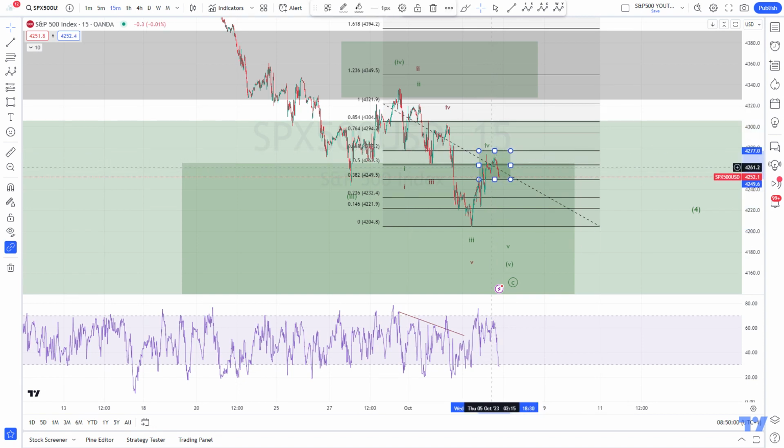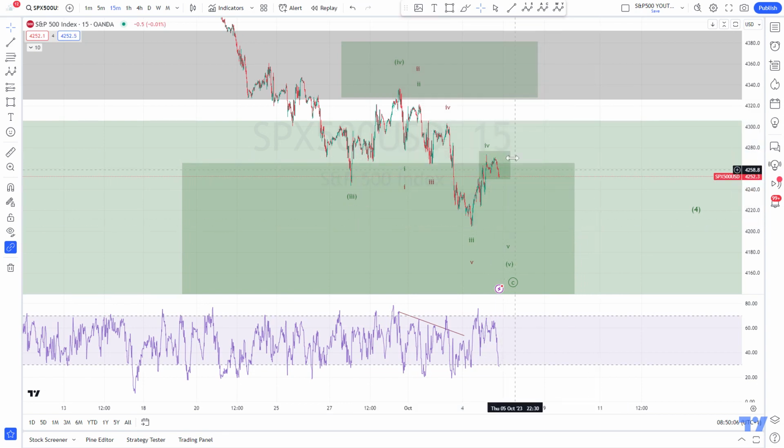As you can see, we are reacting from here. So if this is a wave 4, we can indeed not go beyond this level here. So for the bullish case, meaning the low being in here, a violation of this boundary would be good news.